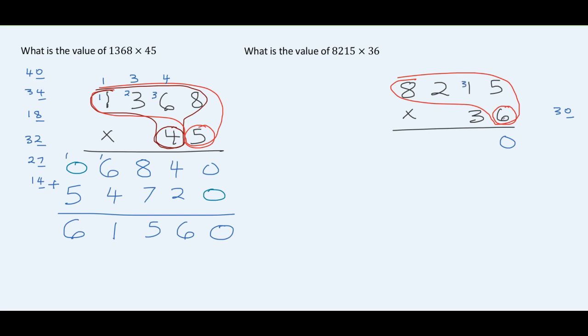1 multiplied by 6, that's 6 plus 3, we have 9. 2 multiplied by 6, we have 12, so we have 2 down, we carry up 1. 8 multiplied by 6, 48, plus 1, we have 49.